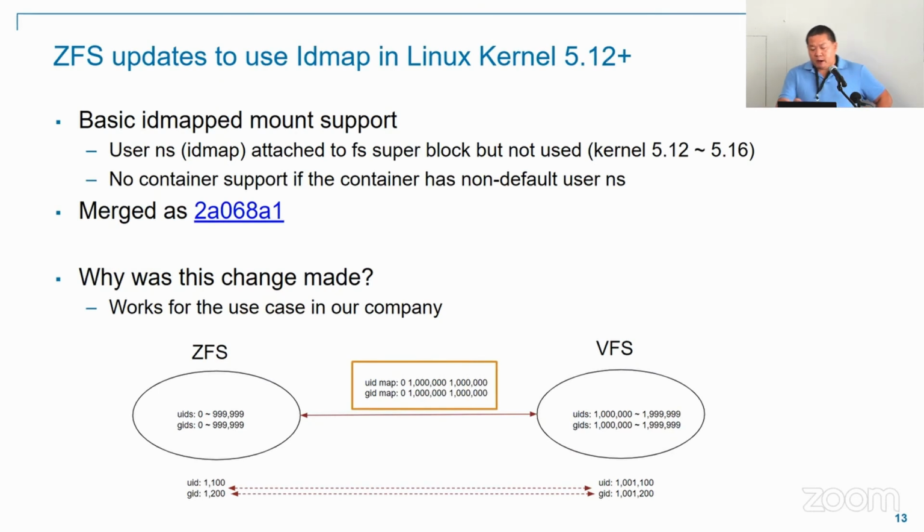So you map the ID in ZFS space to the VFS layer, which you can think of as a kind of user space. For example, if the UID in ZFS is 1,100, then the ID in the VFS will be 1,001,100.